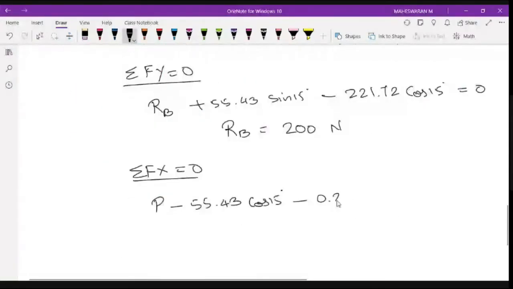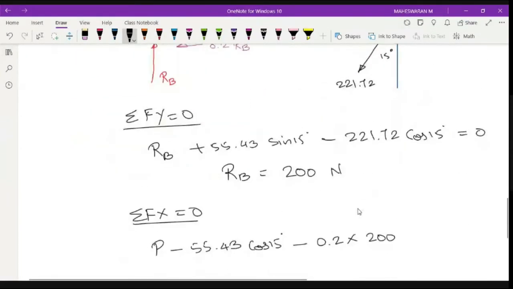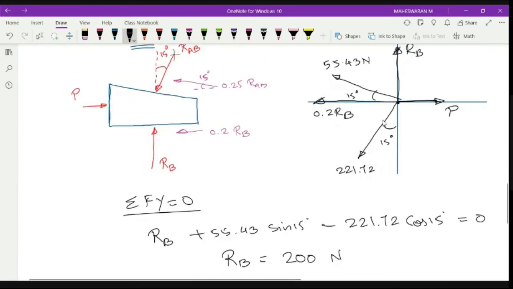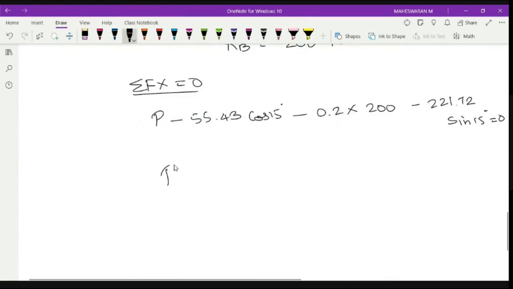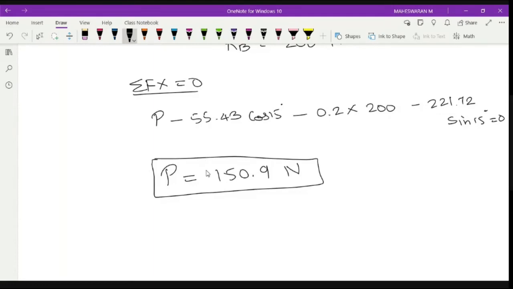Since RB is 200, I will put 200, minus 221.72 sine 15 degrees. This is equal to 0. So I have only one unknown, which is P, and I am getting 150.9. Are you getting that value? Yes, sir. This is the force which is required to lift your object.